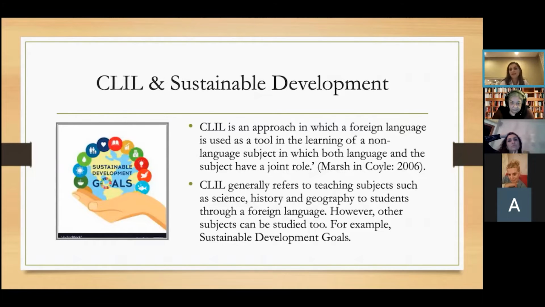But we can say that CLIL courses may not be limited to just those topics. We may go a few steps further than this.